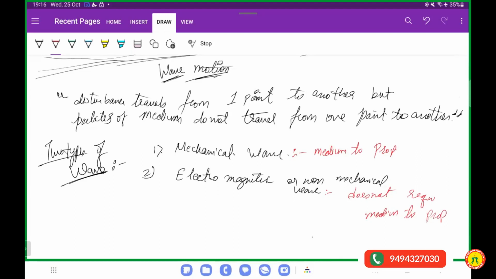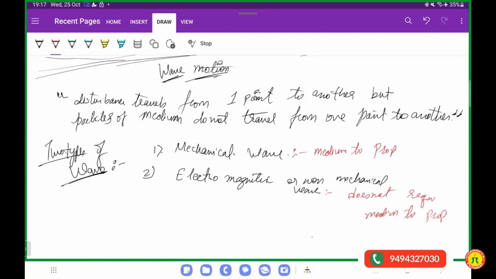Now, when it requires a medium to propagate, tell me which energies require a medium. Does light energy require a medium? Yes or no? No, sir. What about sound? Right now you're speaking. So, does sound energy require a medium? Yes, sir.